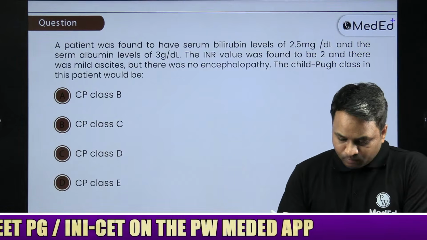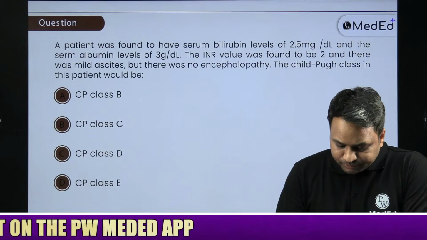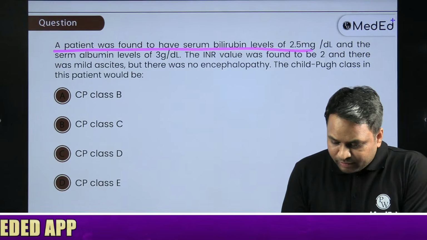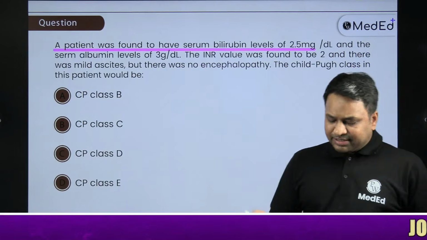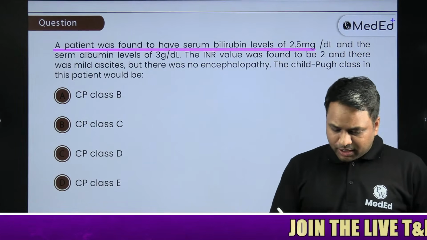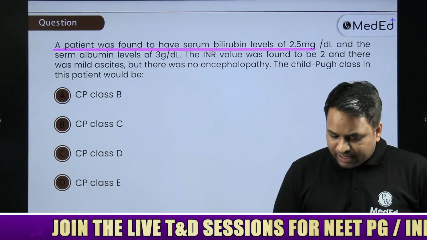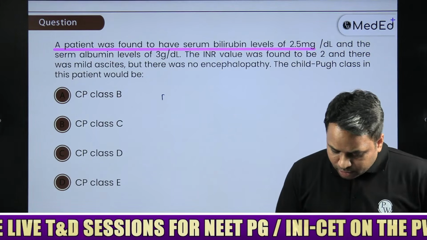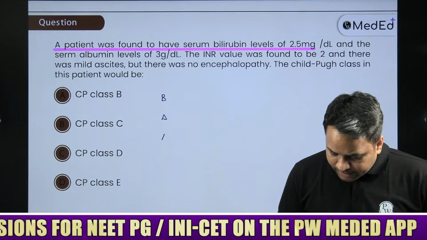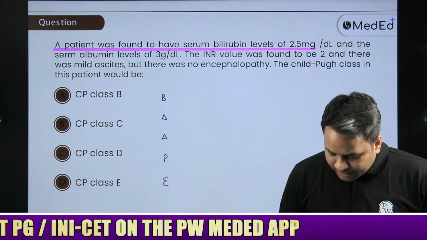Now, I have a patient found to have a serum bilirubin level of 2.5. As the question says, it's about Child-Pugh classification. So I already know that I have to calculate the CPC score, right? When I say the Child-Pugh classification, the mnemonic to remember the components is BAP, and BAP is energetic.